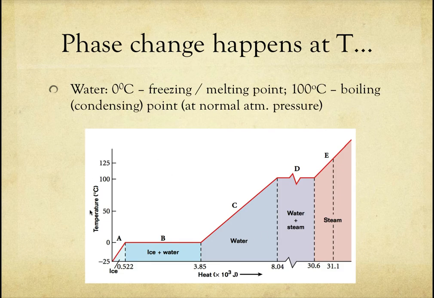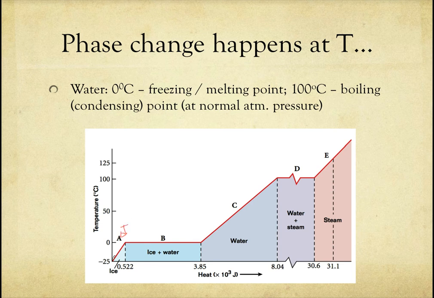This would be the graph including phase change for water. So let's say we started with ice. If ice was initially at negative 25 and you start putting energy in, first it will heat up to 0. So this right here is going to be an incline, and as you see, the incline means that there is change in temperature.